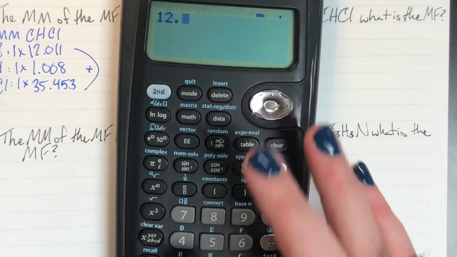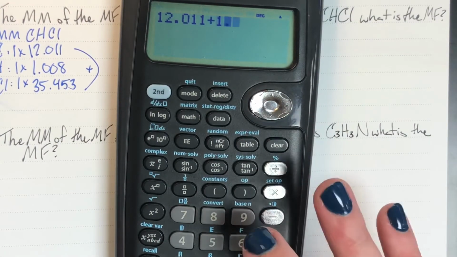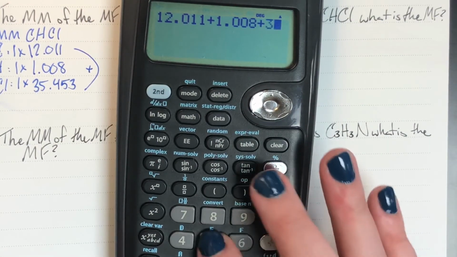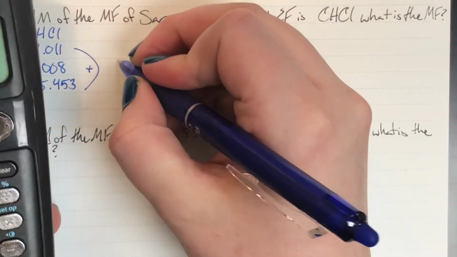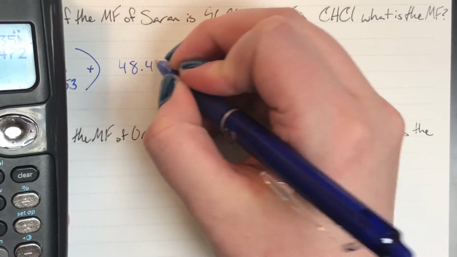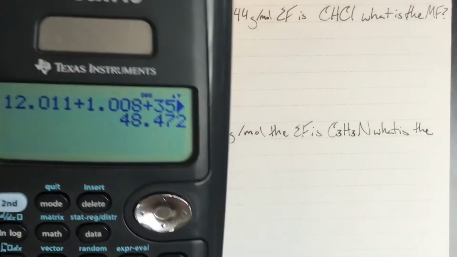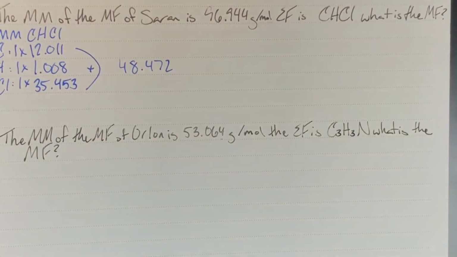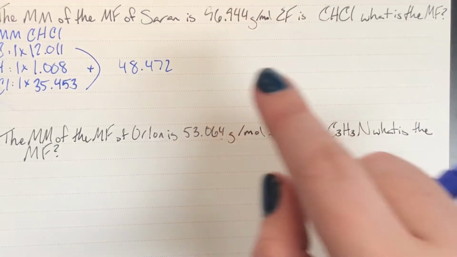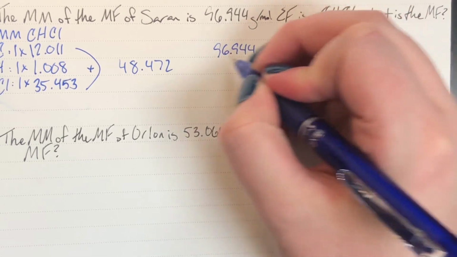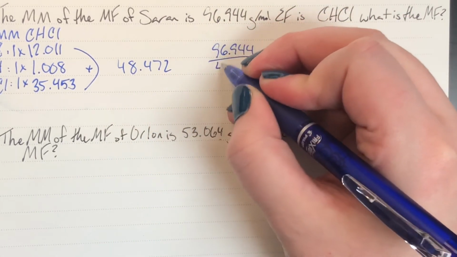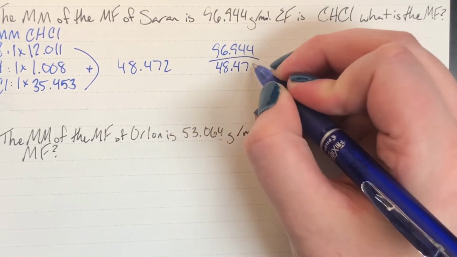So 12.011 plus 1.08 plus 35.453. That's going to give me the number 48.472. Then all I need to do is divide the molecular formula's mass, 96.944, by the empirical formula's mass, 48.472.